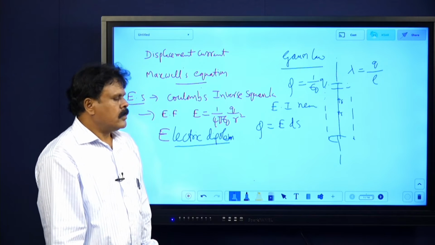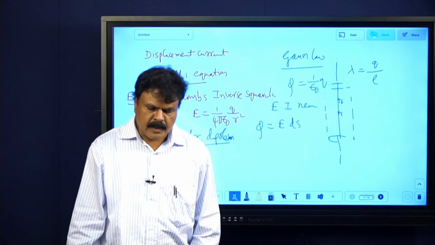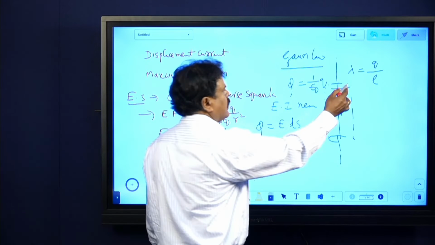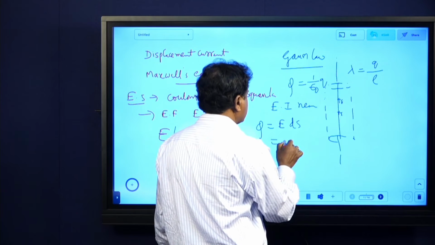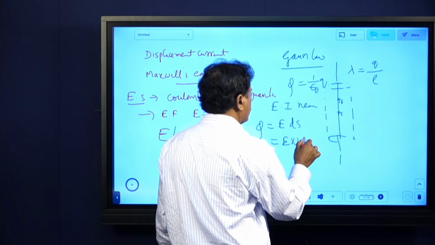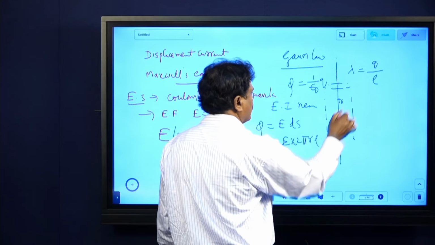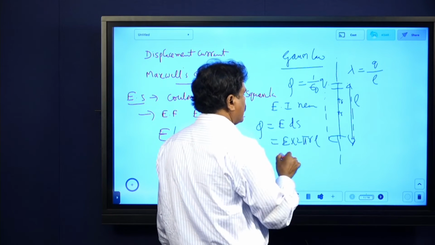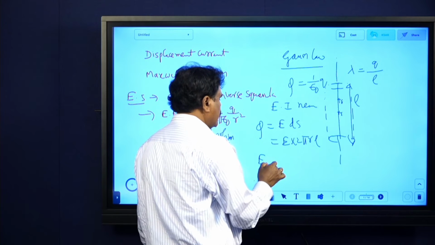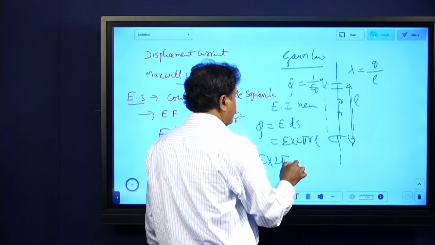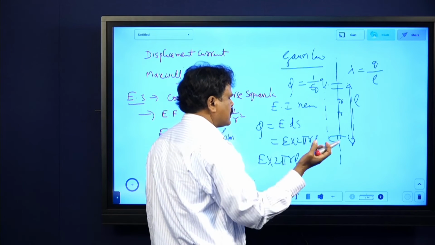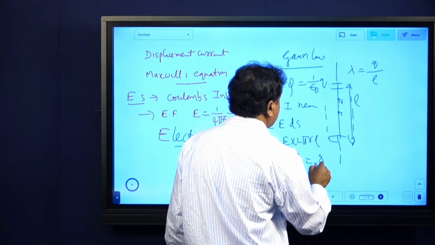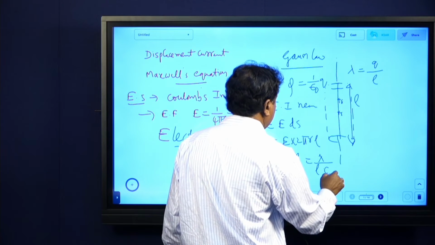Here ds is the cylindrical surface, which is nothing but 2 pi rL, because the length is L. So E into 2 pi rL, very difficult to explain like this, step by step it will be okay. Then q by epsilon naught, q is nothing but lambda into L, over epsilon naught.